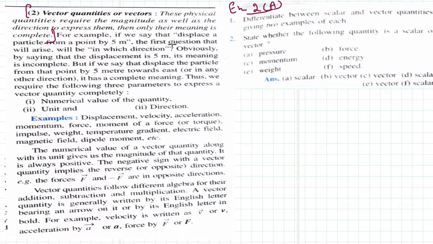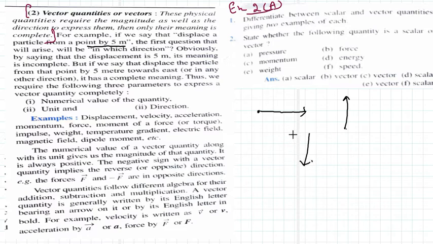For example, if we say displace a particle from a point by 5 meter, we have no direction here. If we said, please displace it by 5 meter in the north direction or south direction, we would have moved it in that direction.